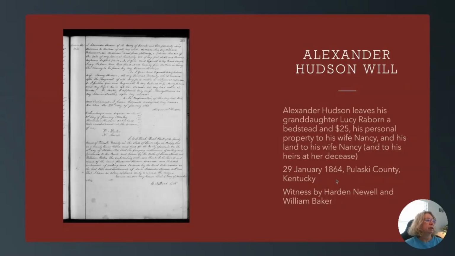So there's a person we may want to put on our research list, and then we have the name of a wife, and then sadly a lot of times in wills we will find that just heirs are listed and not the actual names of the heirs. Now, if we go and look at the inventory and we look at anything that was sold, we may see some sons of or some children.